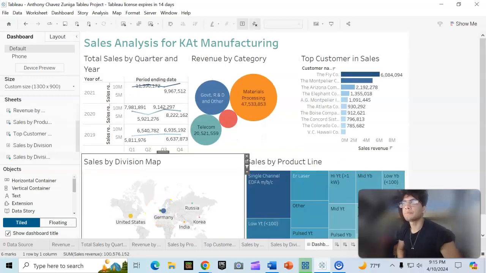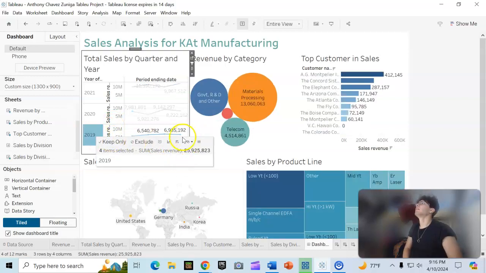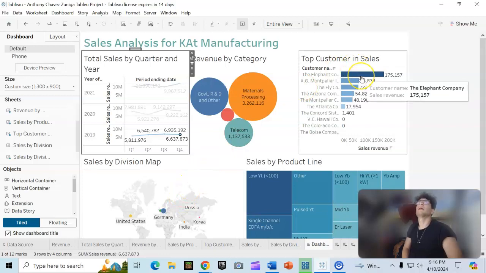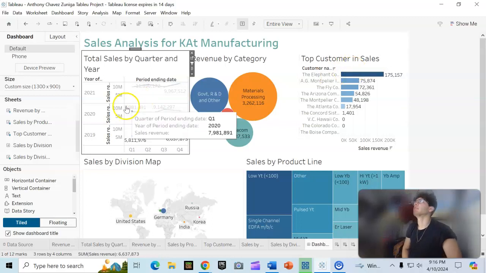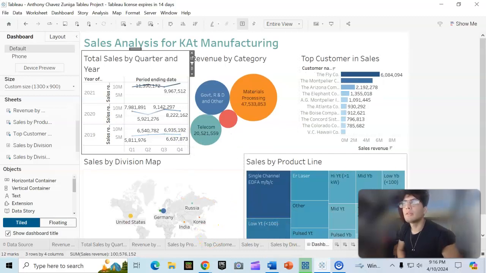And then, who was CAD Manufacturing's top customer in the fourth quarter of 2019? So we hit 2019, then we hit quarter 4, and we can see that the Elephant Company was the top customer for this dataset. We unfilter this. Then number 7 is, who's the top customer of the German division in 2021?